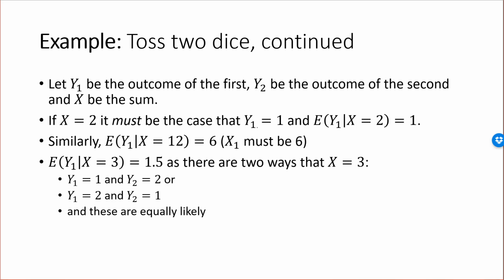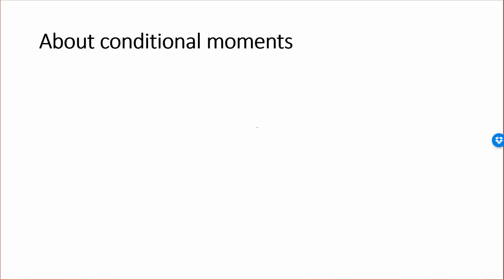I do have the expected value of y1 given x equal to 2, and I can calculate it for 3, 4, 5, and so on. So the expected value of y given x is a random variable which takes the value, for example, 1 when x is equal to 2. The probability of that is 1 over 36, and so on.